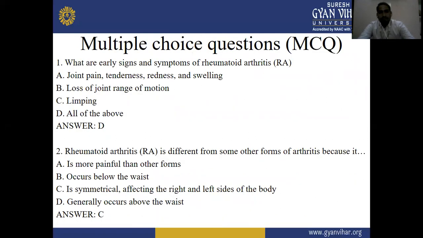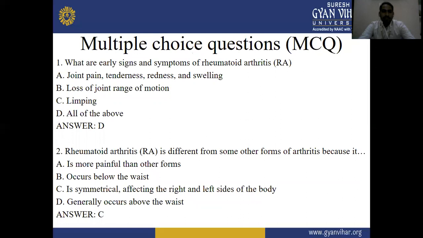Next one is multiple choice questions of rheumatoid arthritis disease. First question: what are early signs and symptoms of rheumatoid arthritis?